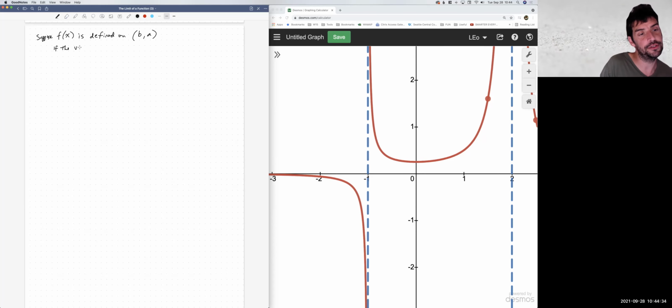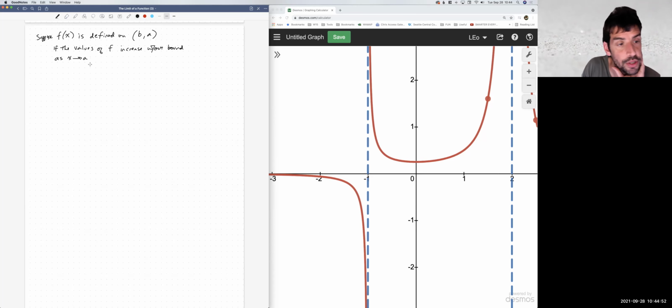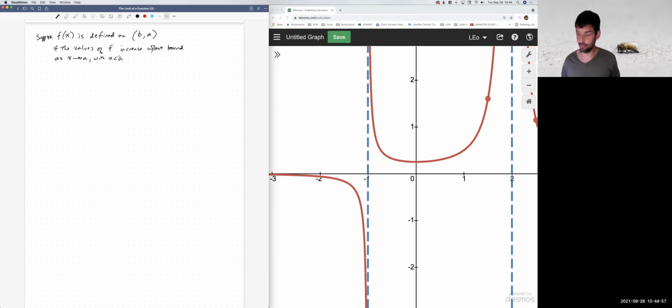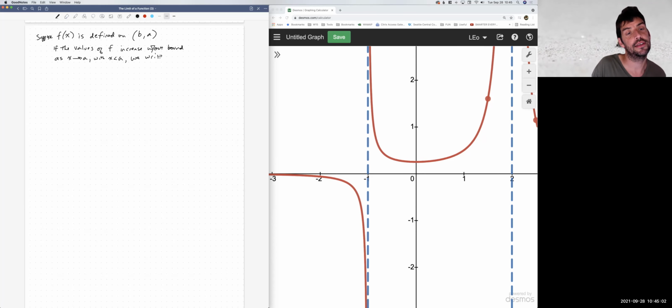If the values of f increase without bound as x approaches A, with x less than A, so we're approaching from below, we write the limit as x goes to A from below of f of x is equal to infinity.